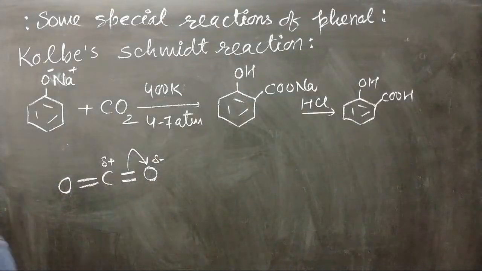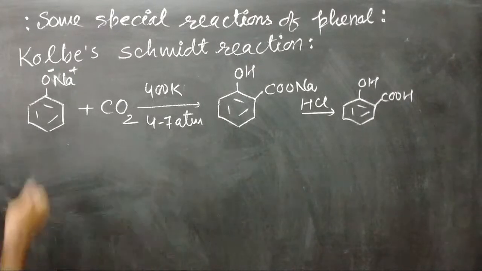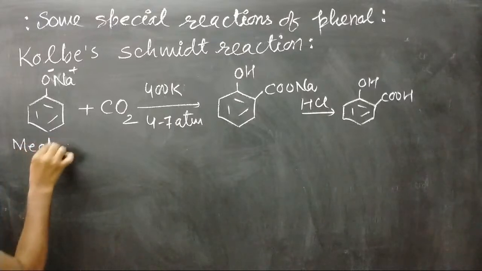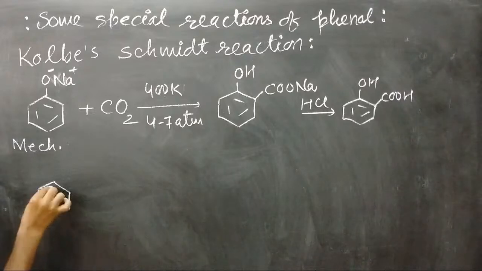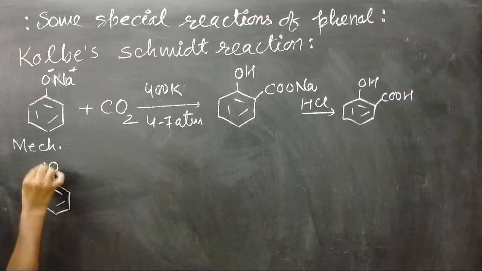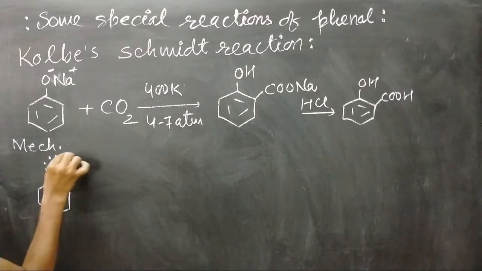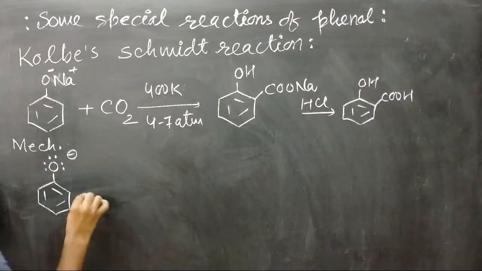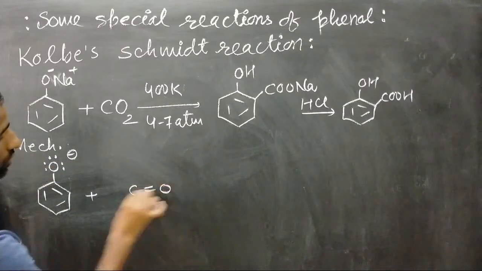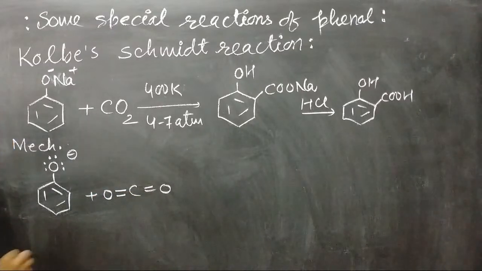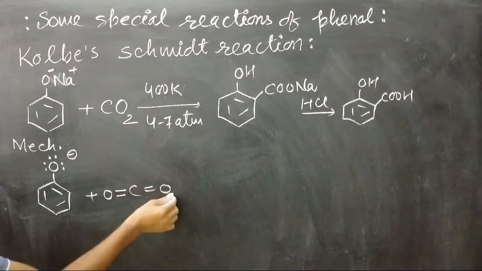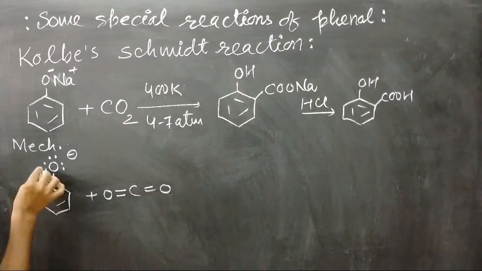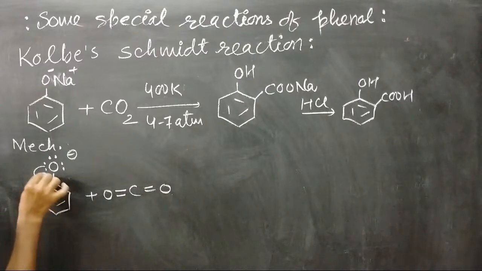Okay. So what would happen actually? Say, what is the mechanism of this reaction? We have phenoxide ion. Now CO2 is there, and carbon has partial positive, oxygen has partial negative. So what happened? It goes like this.